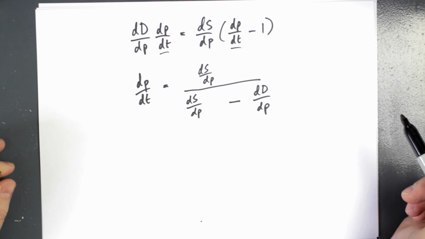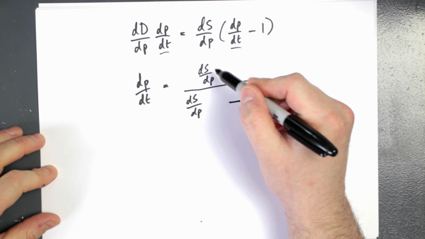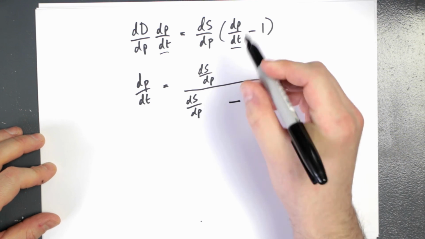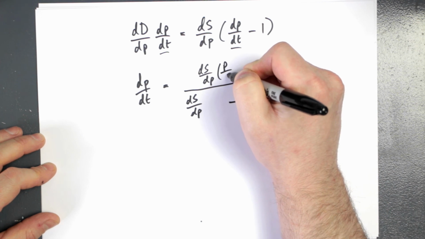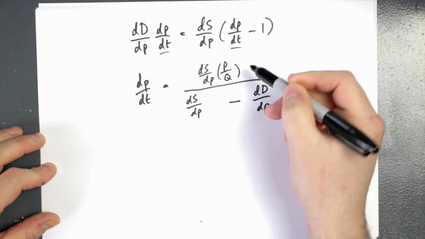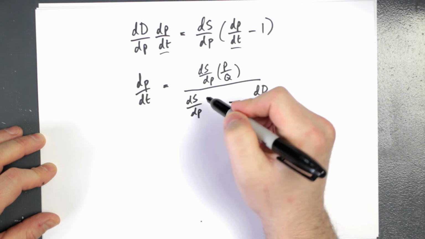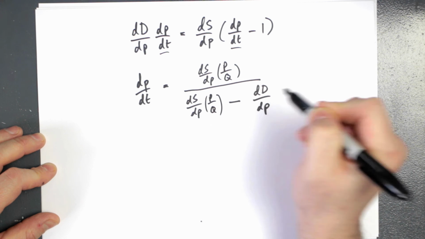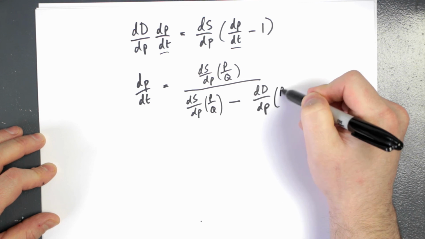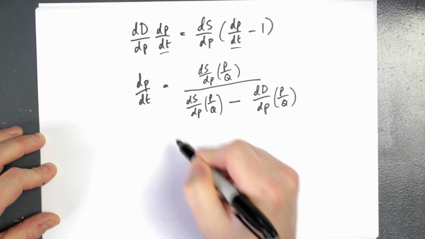I'm going to do one more trick, and that is to say, well, this almost looks like an elasticity formula, apart from the fact that we would like to multiply it by P and divide it by Q. And if I'm doing this to the top of a fraction, then I should do it to all the terms on the bottom as well. So divide by P divided by Q here, and P divided by Q here.